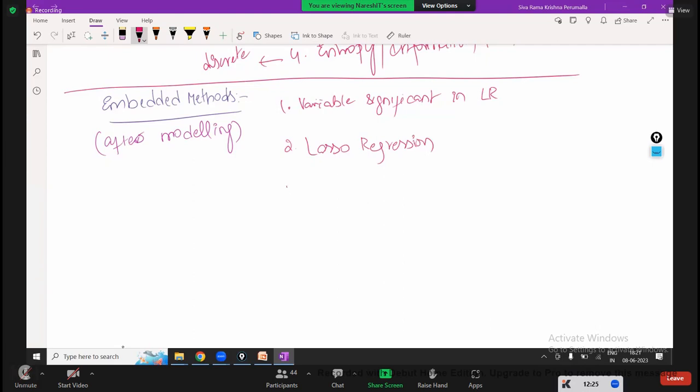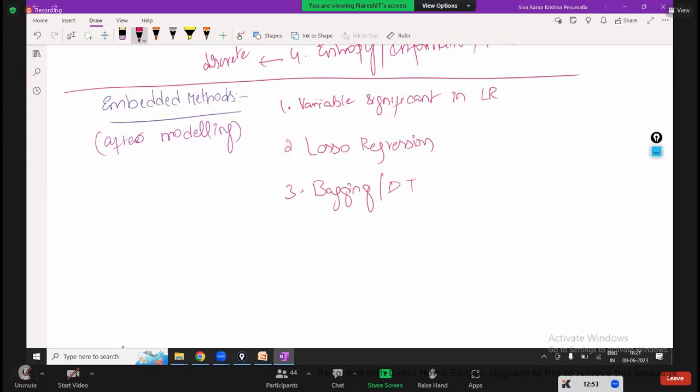Next, third one is random forest, that is a bagging technique, or decision tree bagging techniques. From this also, you are going to identify the feature importances. You write model.feature_importances_, and you can write that only after the modeling, not before the modeling.